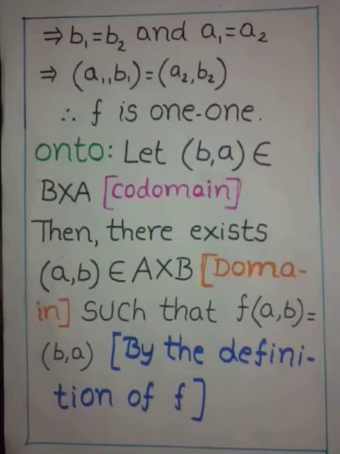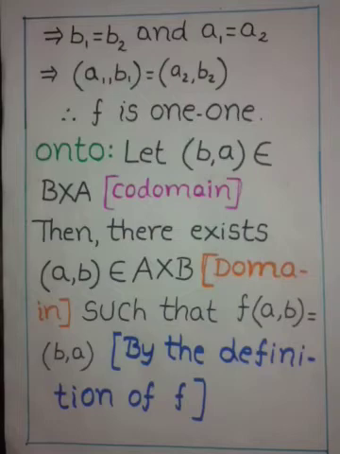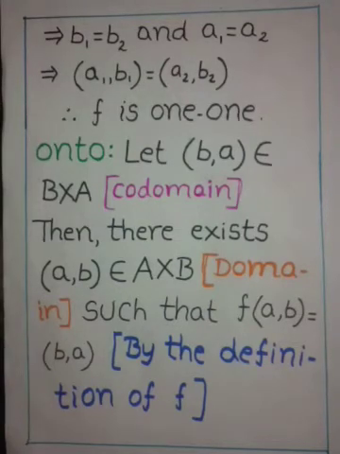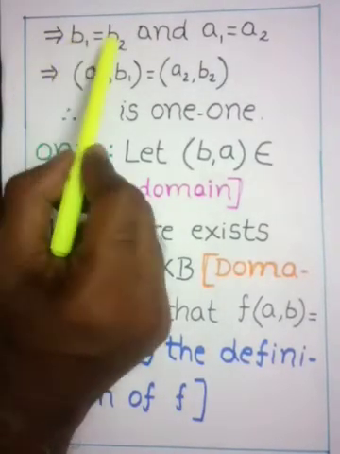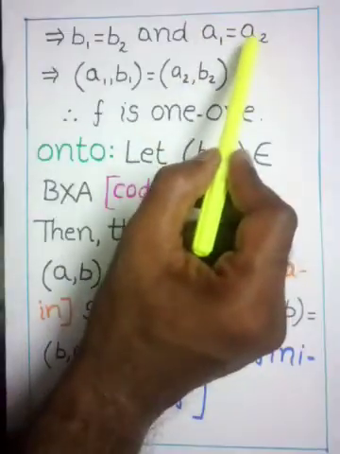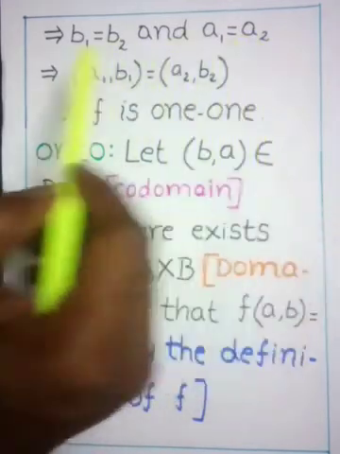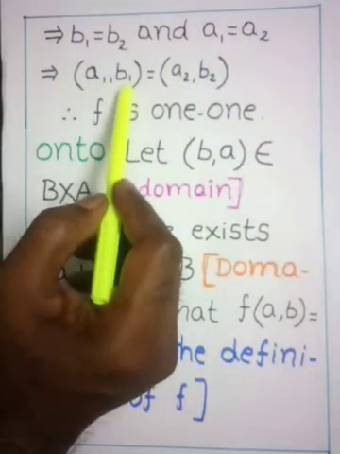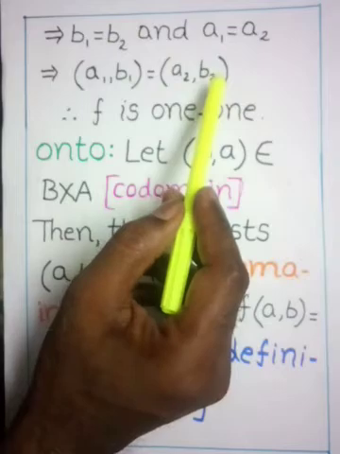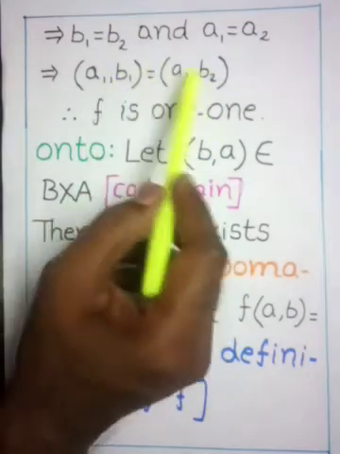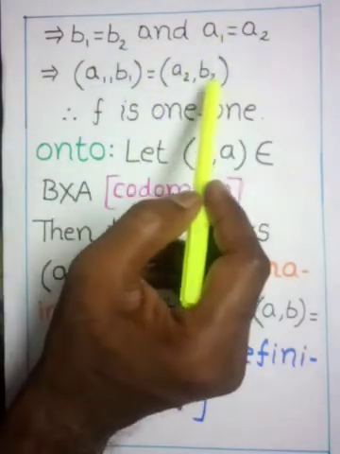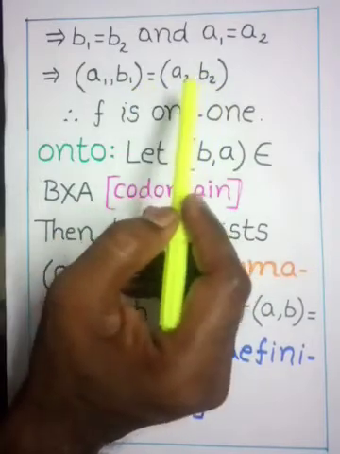There is a property. What is the property? If two ordered pairs are equal, then corresponding first components are equal and corresponding second components are also equal. By using this property, we get b1 is equal to b2 and a1 is equal to a2. This implies the ordered pair (a1, b1) is equal to the ordered pair (a2, b2).